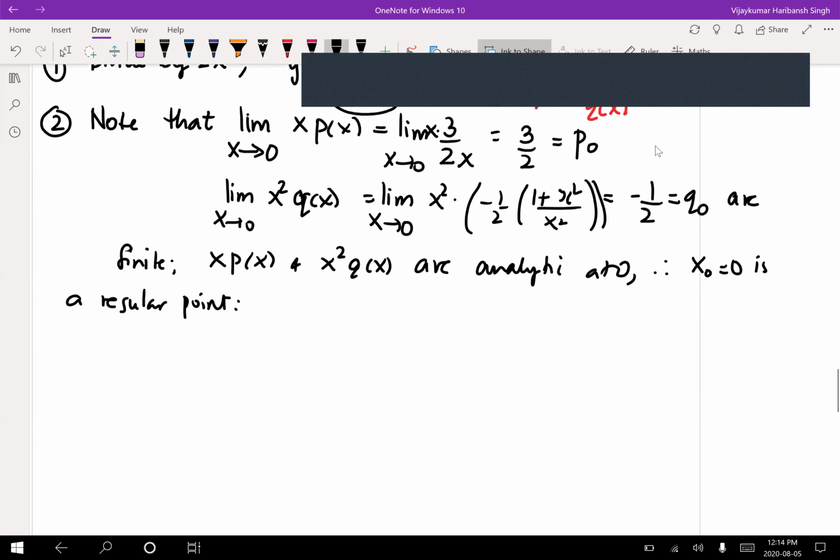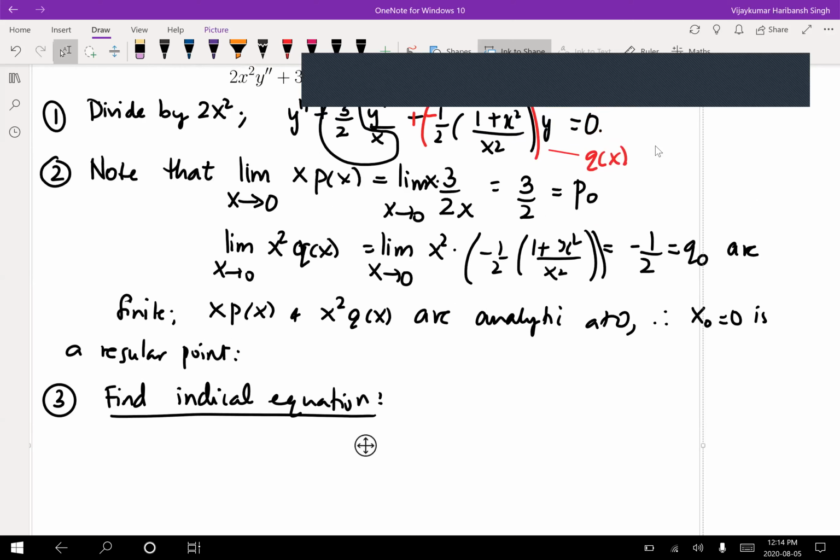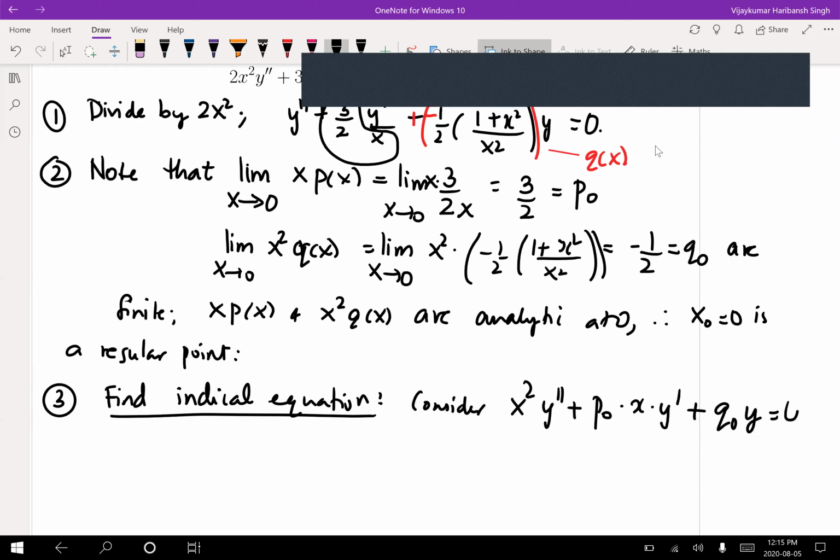Step 3, find the indicial equation. To find the indicial equation, we consider x squared y double prime plus p naught x y prime plus q naught y equals 0.